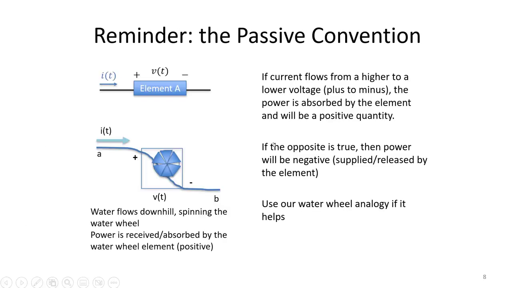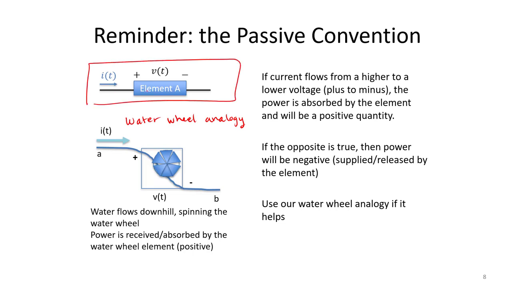All right, so once again, just a refresher, remember that cheesy water wheel analogy. It's kind of silly, but it can be really helpful. So remember, one way to visualize current flowing in this element is to think of it as a water wheel.